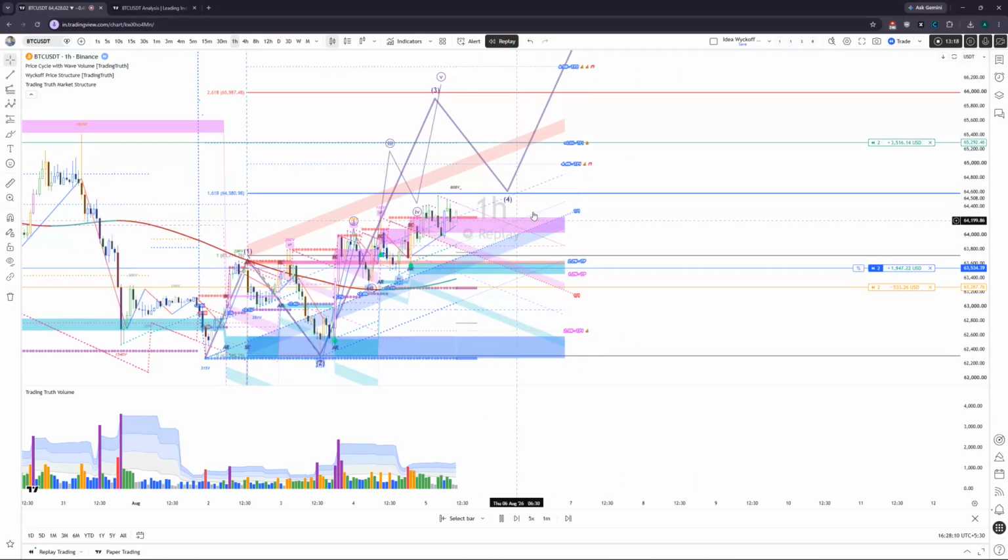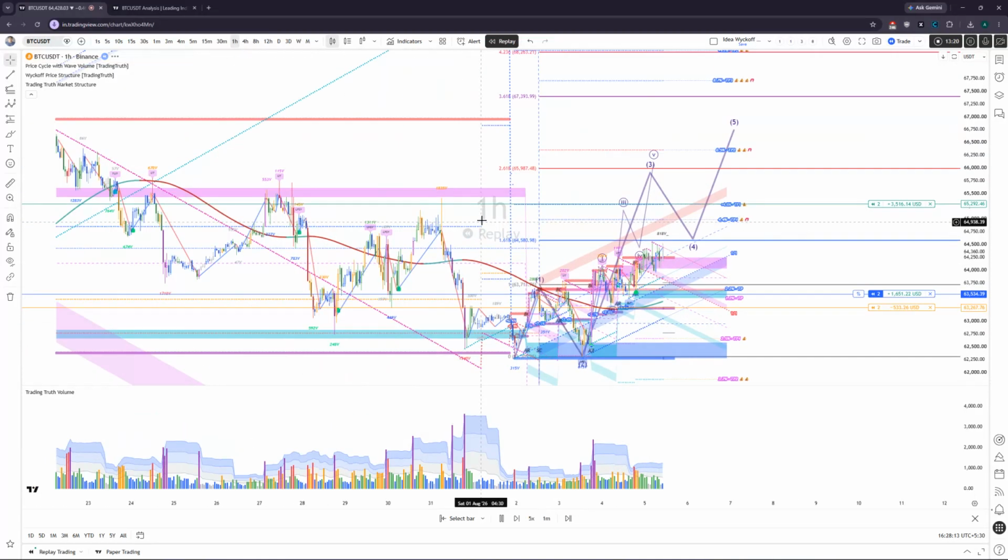This is definitely some sort of complex correction, and it's moving very slowly.